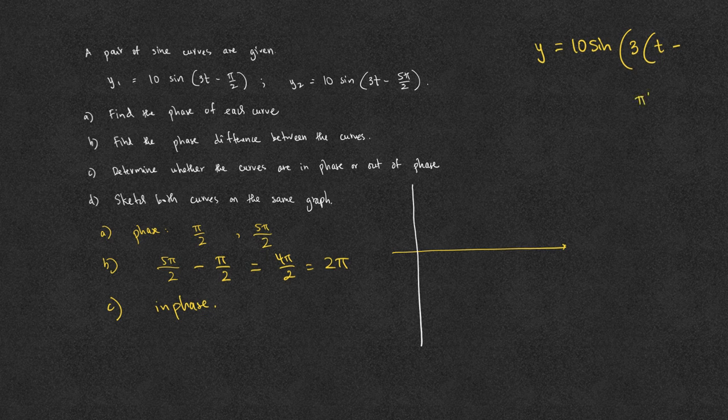If we have pi over 2 and we factor out 3, we get pi over 6. And so even though the phase shift is pi over 2, the horizontal shift is pi over 6.